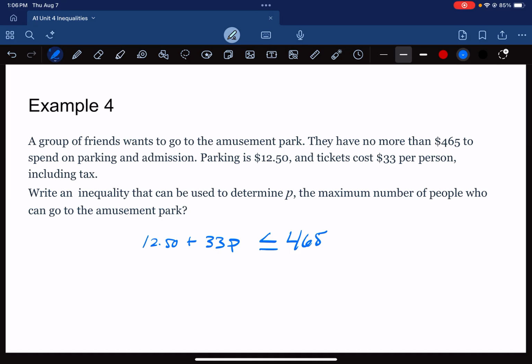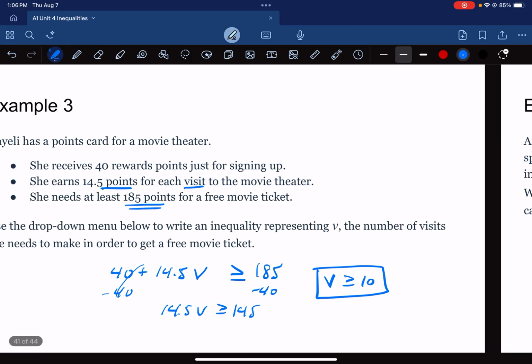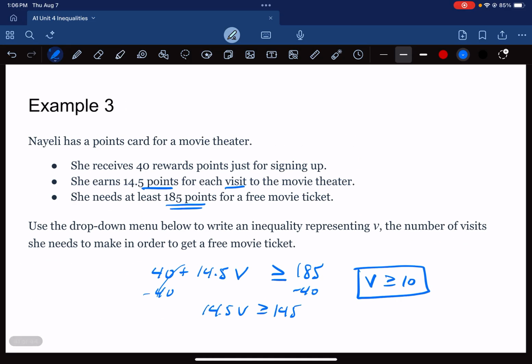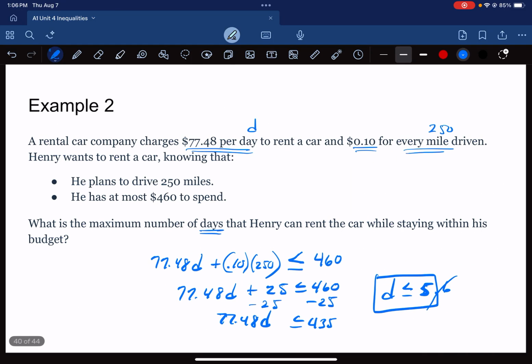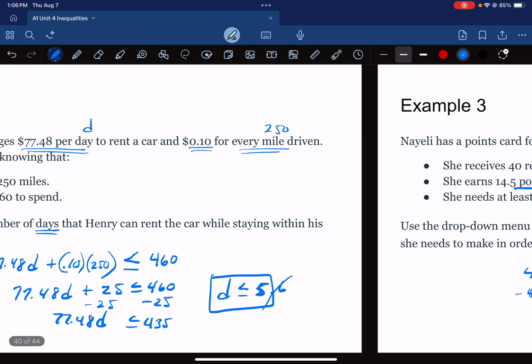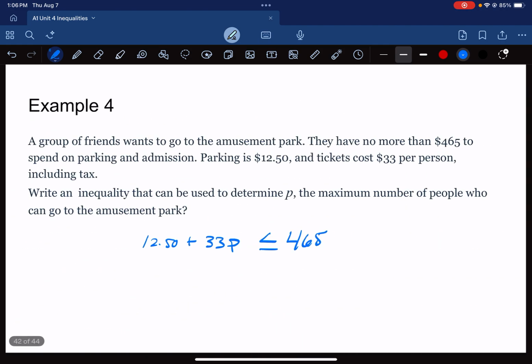Write an inequality that can be used to determine P, the maximum number of people who can go into the amusement park. Did we answer that last question? Oh, so for this one, we just need to say 10 visits, right? Maximum number of days, we talked about that one, 5 days, yeah, okay. Make sure you're answering the question, I guess, is the key here.